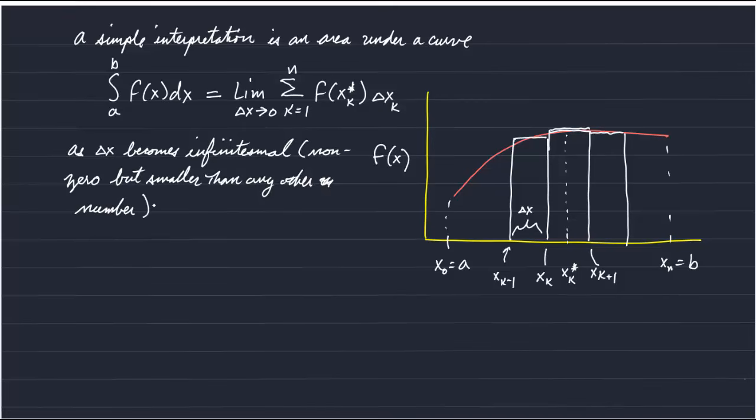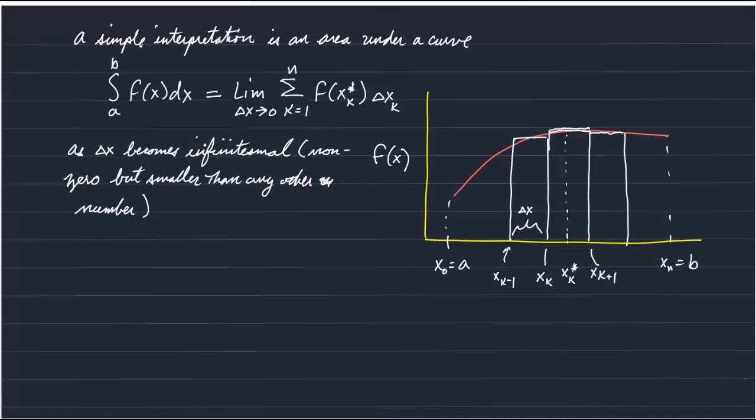That's a description, for example, of x approaching 0. So as you can imagine, as a sort of thought experiment, as delta x becomes smaller and smaller, the number of rectangles becomes more and more, and the better it follows this curve.